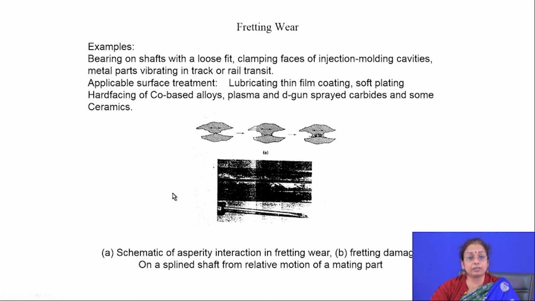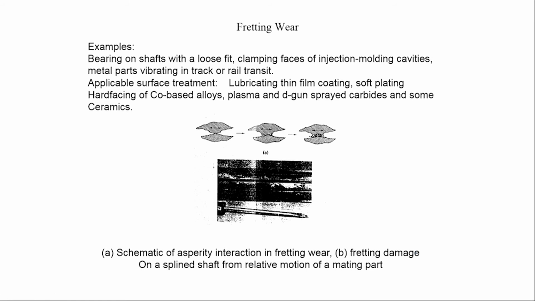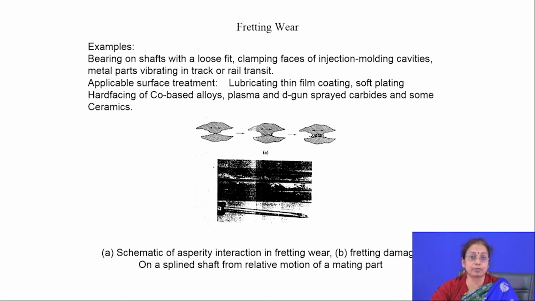Now, coming to the next type of wear, that is adhesive wear, you again have to come across another kind of combination where metal to metal combinations play an important role. This term adhesion refers to the initiation process by adhesive bonding.